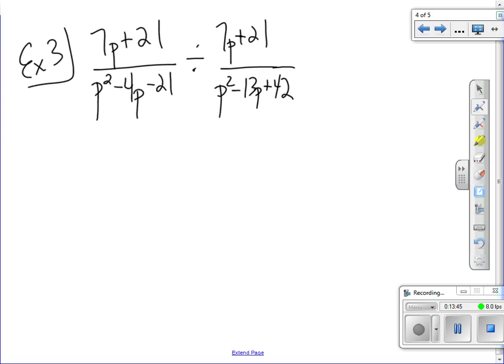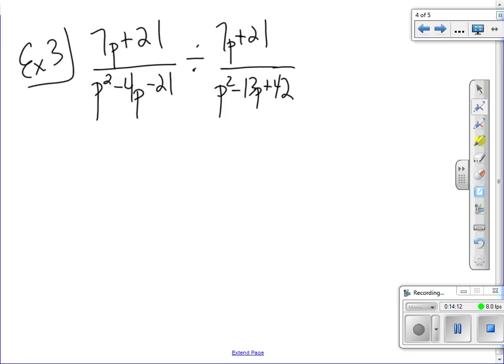We have division. Division means we're going to have to do some rearranging. We're going to have to change it a bit. So what needs to be changed? In that flowchart, it says if you have division, you do copy, switch, flip.